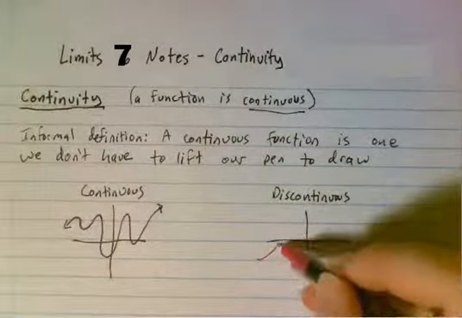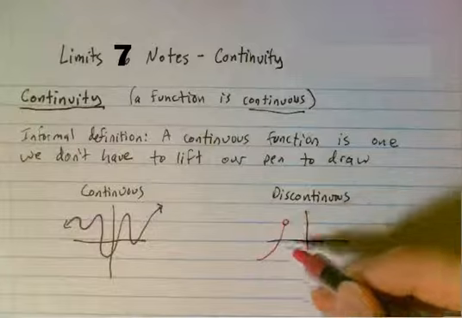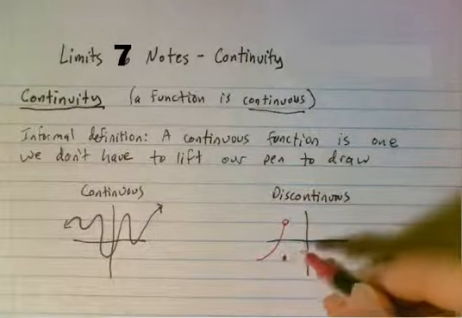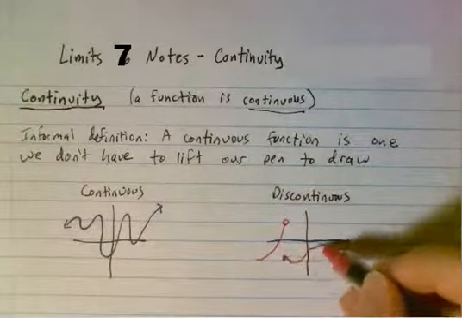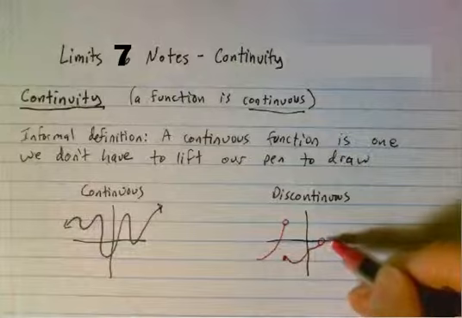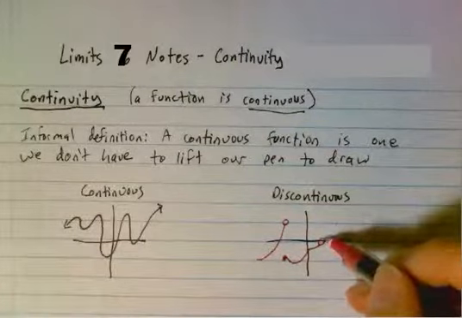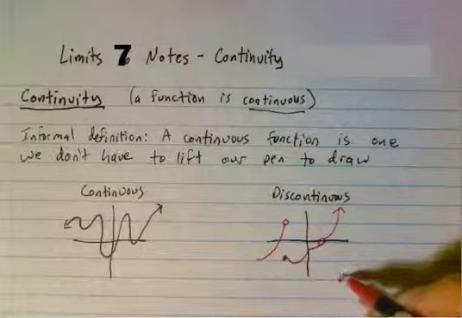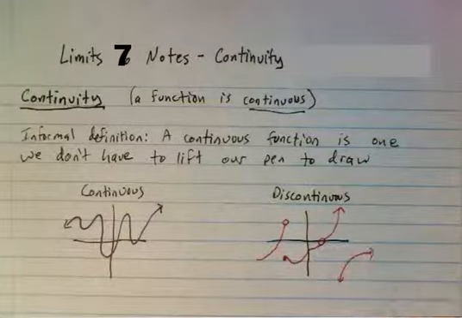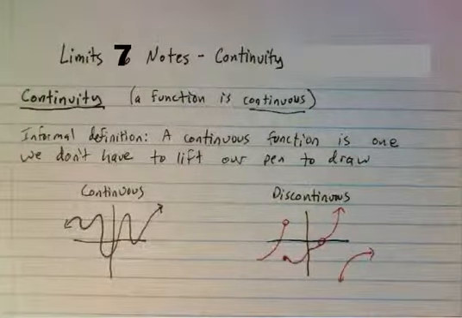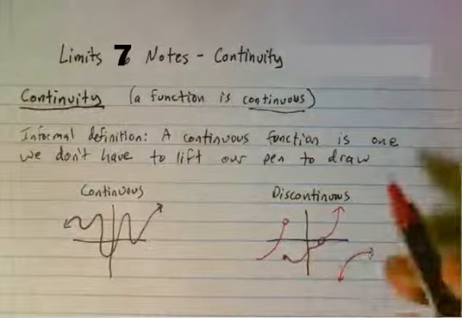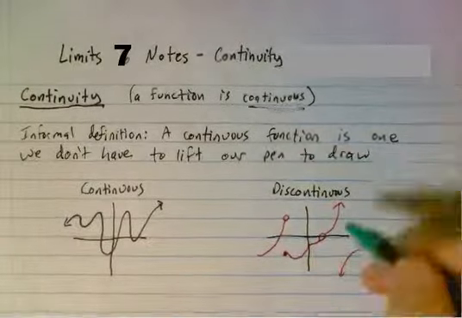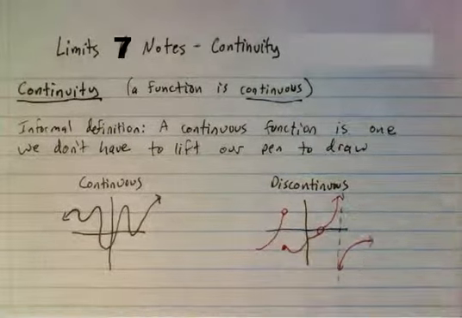I start over here, and then I stop, and I lift up my pen, and I move somewhere else. And then I'm sort of going along like this, and I stop because there's a little hole or removable discontinuity. And then I go up to a vertical asymptote, and then I come from the other side of the vertical asymptote and head off. These are all discontinuities. Here, I'll put that vertical asymptote in there where we can see it.